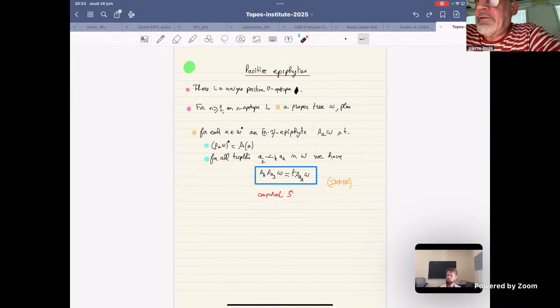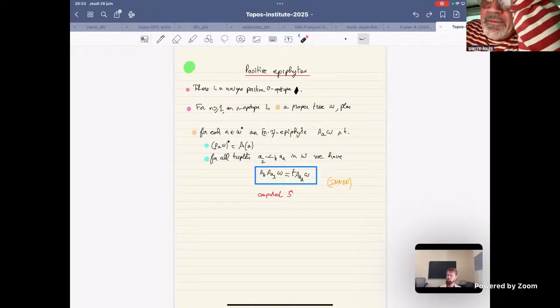And then starting from 1, it's an inductive definition. So we are given a proper tree, which we call omega. And for each node of omega, we are given an n-1 epiphyte. So we are now defining n epiphyte. Sorry, I should have written n epiphyte.